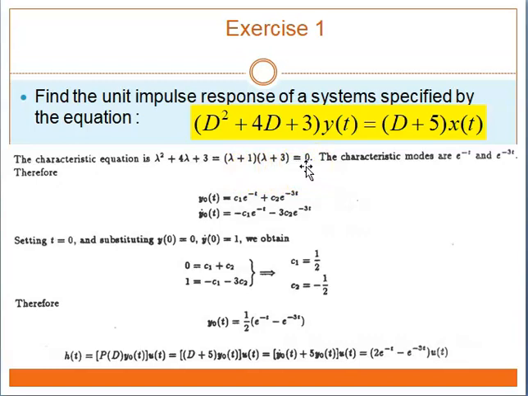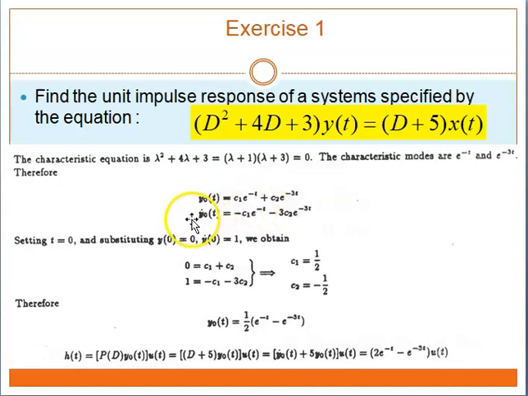So the characteristic modes are lambda 1 equal to minus 1, lambda 2 equal to minus 3. So you will have exponent minus t and exponent minus 3t. So y0(t) is equal to C1 exponent lambda 1 t, so lambda 1 t is now minus t, plus C2 exponent lambda 2 t, lambda 2 is minus 3t.